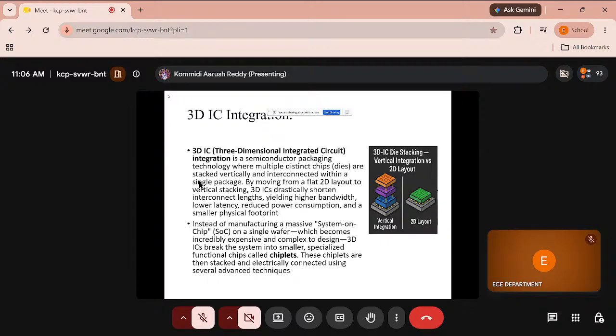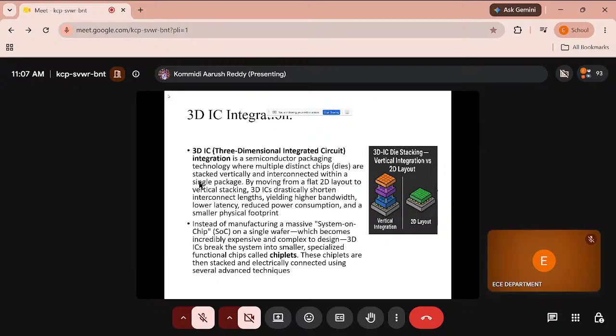So this 3D IC integration is coming into the market, where you can go for vertical integration of all these designs, which reduces the power consumption. Instead of manufacturing a massive system on chip on a single wafer, a system on chip consisting of different ALUs, different processors, multiplexers, all fabricated on a single chip, we go for 3D IC integration, where you can fabricate on different wafers also.